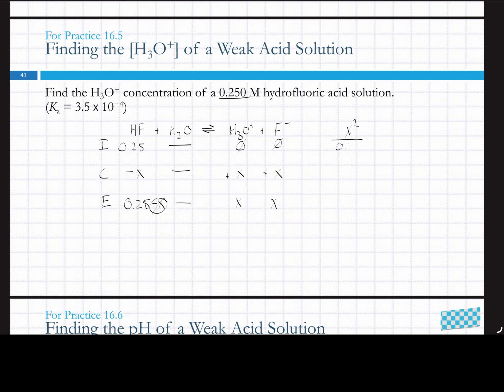And then I get x squared over 0.25 equals 3.5 times 10 to the negative 4, just like we did for all of our other problems. That's going to be 3.5e negative 4 times 0.25, and then the square root. So x equals 0.009354.